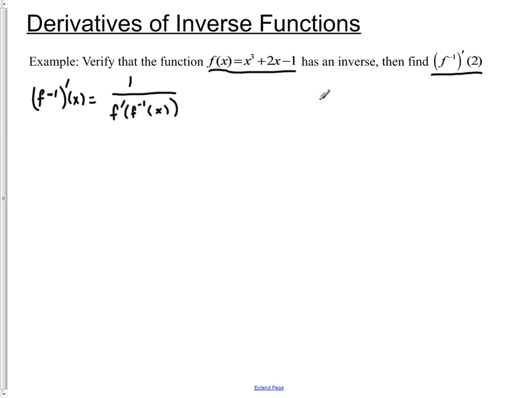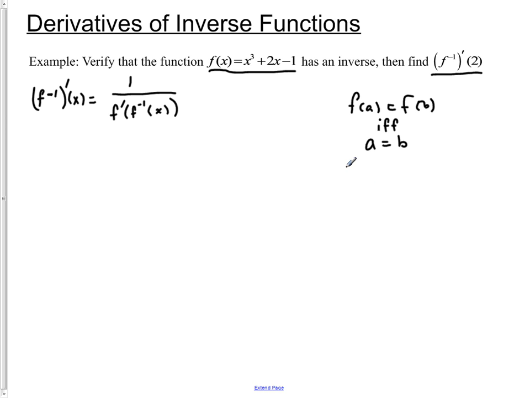A function is 1 to 1 if f of a equals f of b is true if and only if, and I'll abbreviate that with IFF, a is equal to b. How can we assure ourselves of that here?